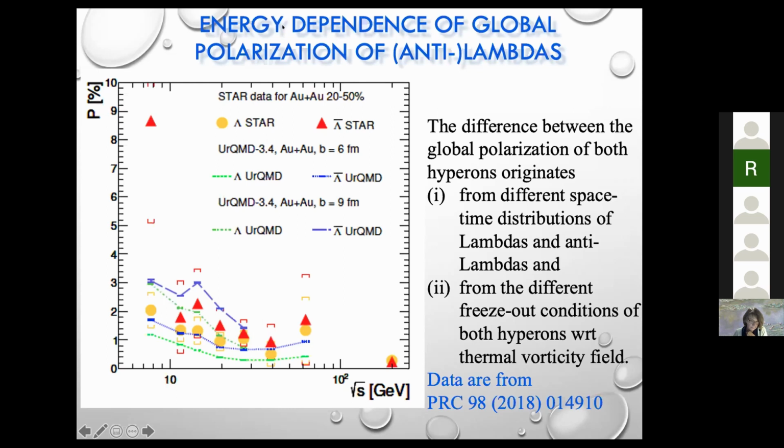And then it appears that the vorticity of the matter in this region and at this time was larger compared to the vorticity of the medium when this particle was decaying. And these two effects, the larger vorticity and the lowering of lambda polarization, were eating each other. So that's what we checked. Okay, thanks.